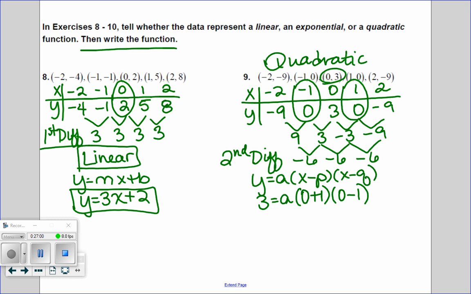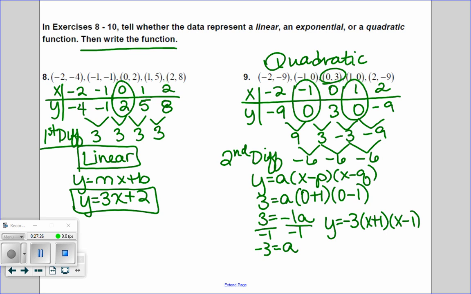When we clean that up, this is just 1 times -1, which is -1, so I get -1a is equal to 3. If I divide that out, a is equal to what, guys? -3. And the intercept form of our equation is -3(x + 1)(x - 1).